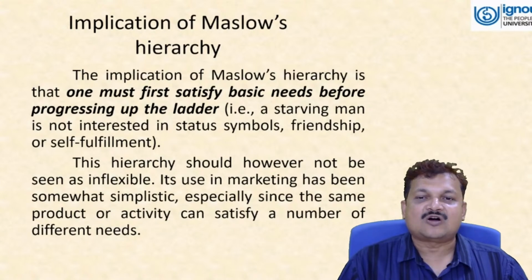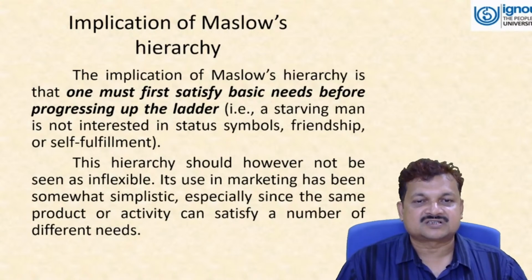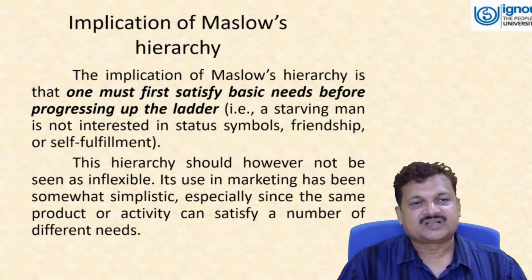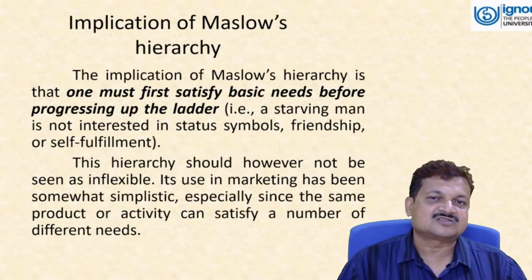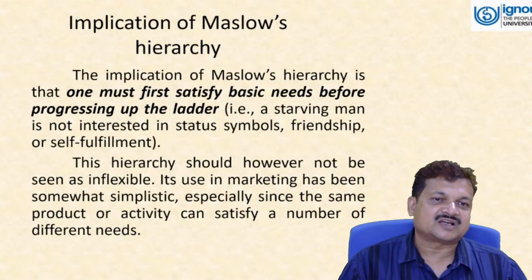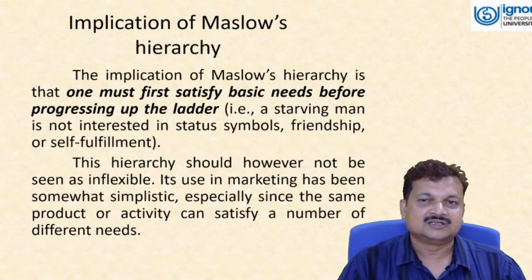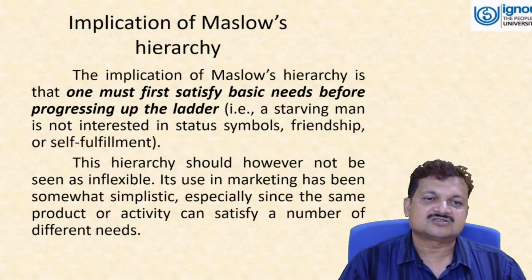This hierarchy should, however, not be seen as inflexible. Its use in marketing has been somewhat simplistic, especially since the same product or activity can satisfy a number of different needs. We know it very well: if I talk about salt, people consume low-priced salt, Tata salt, rock salt, black salt, pink salt, each at different prices.